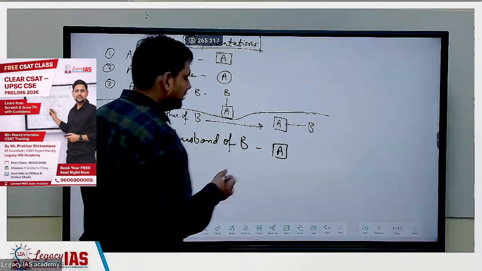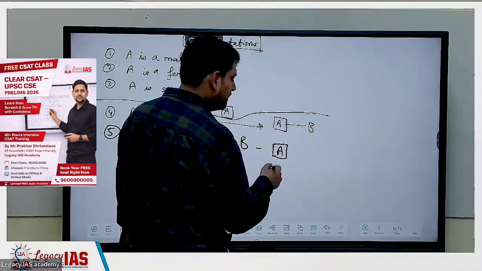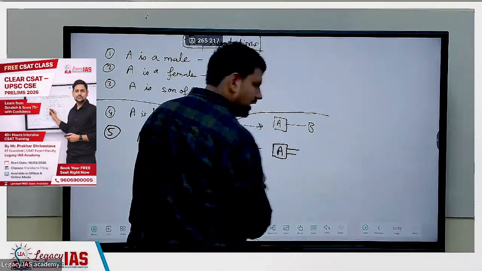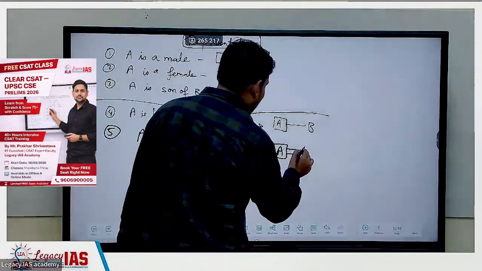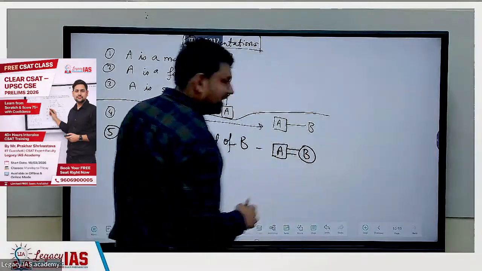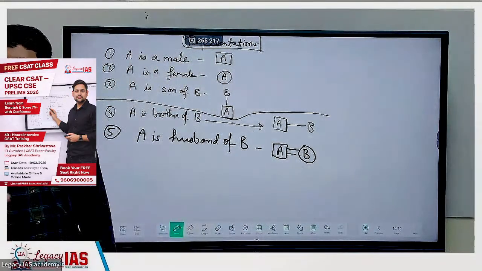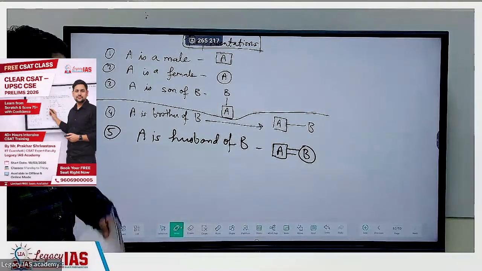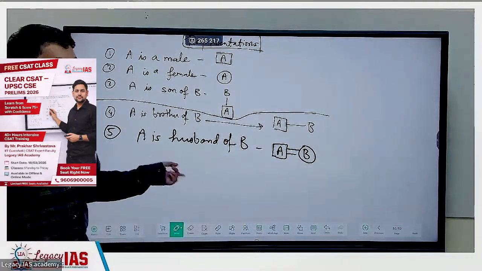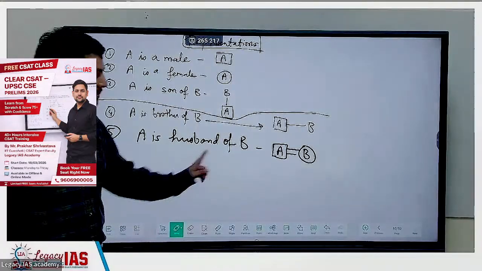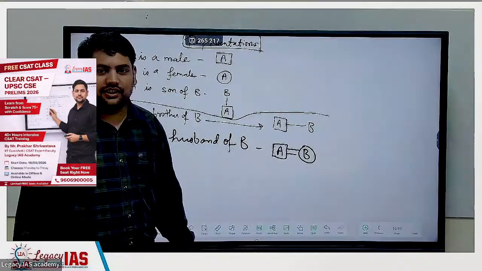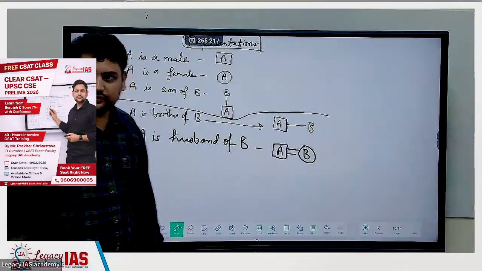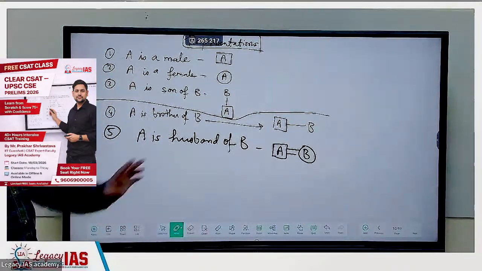So we know the gender of B. Because they are a couple, we'll make a couple of lines and connect it with B. We will always assume hetero couples. So if A is husband of B, that also means that B is a woman. Understood? Couple of lines because they are a couple.